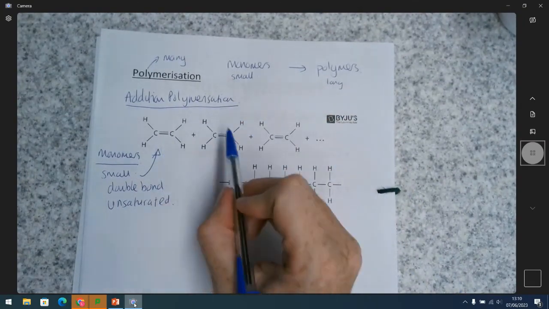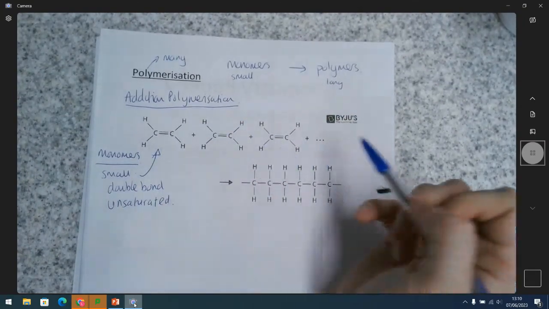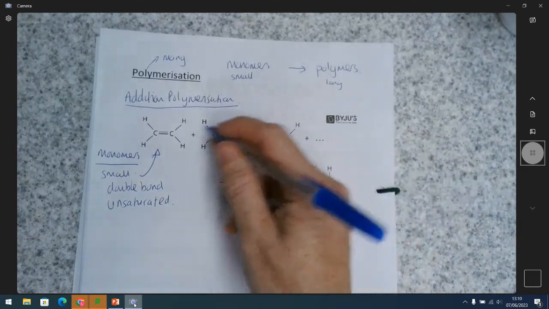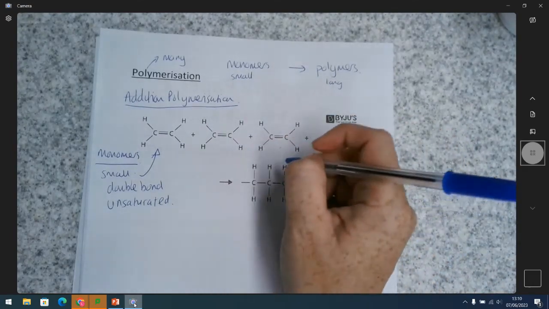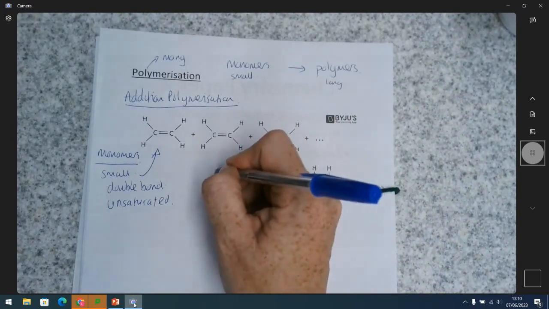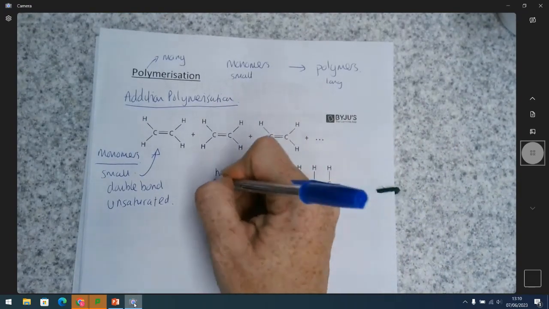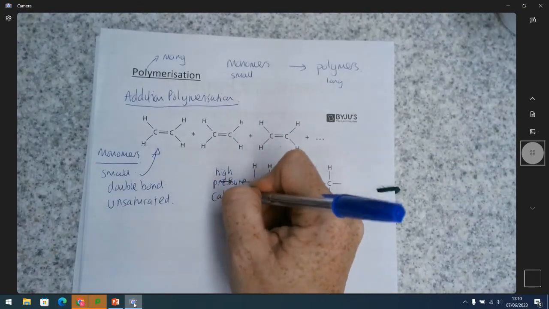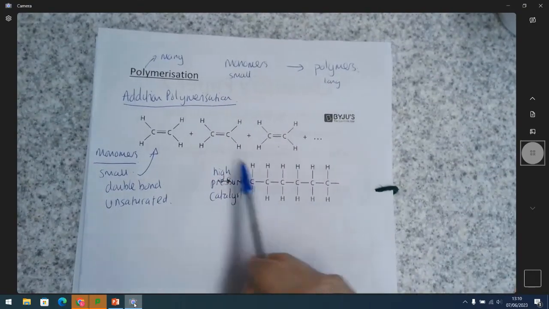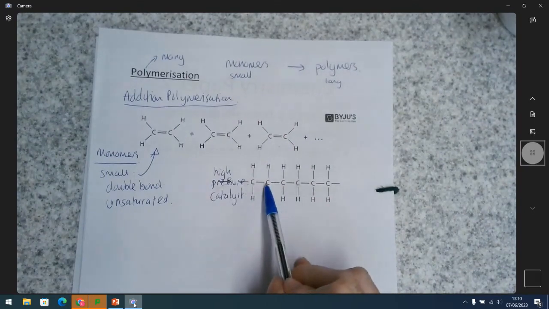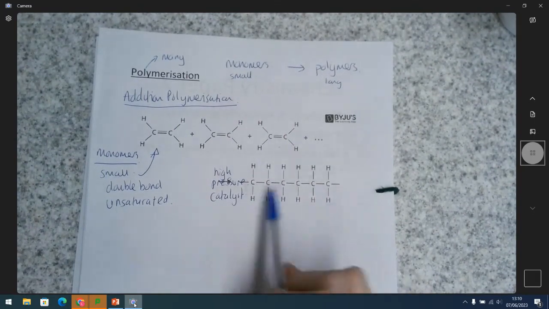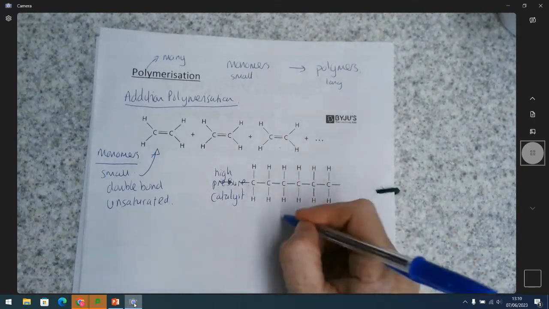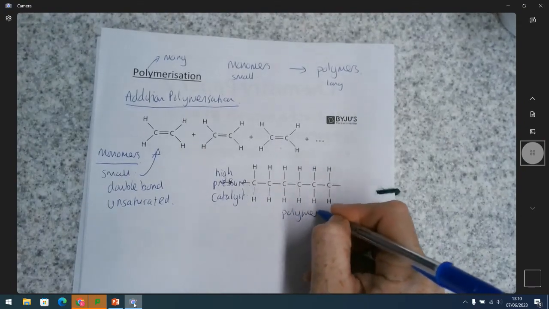So my monomer molecules are going to react together under the right conditions, which are normally high pressure and a catalyst. And as you can see, the double bond has been broken and the monomer units have joined together to make this long chain, which we call our polymer.